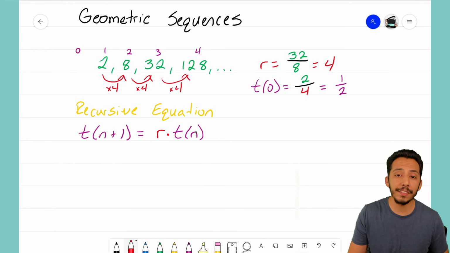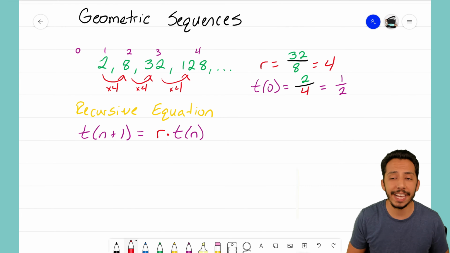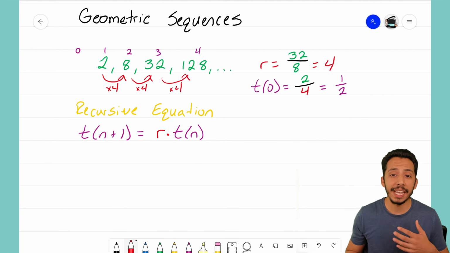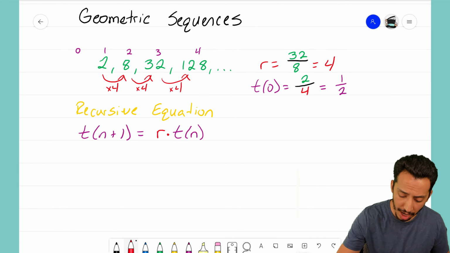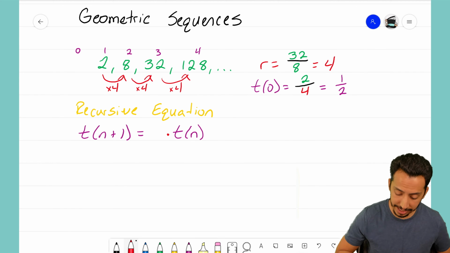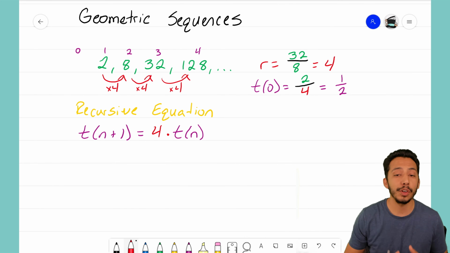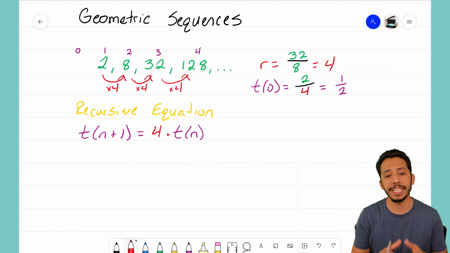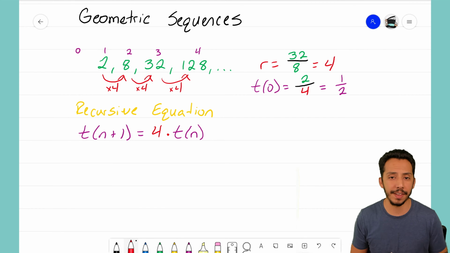Again, you have a term that you know, multiply it by the common ratio, and that will equal the next term in your sequence. Now for us, we do know our common ratio is 4. So our recursive equation is t of n plus 1 equals 4 times t of n.